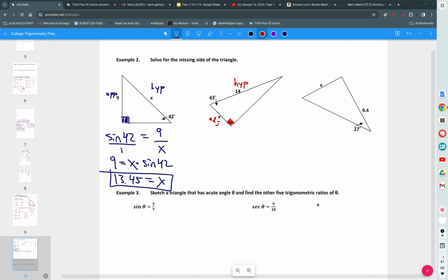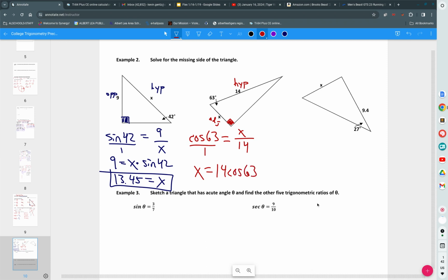Cosine. We use the cosine, namely that the cosine of 63 is equal to the adjacent, which is x, divided by the hypotenuse, which is 14. If I cross multiply, x times 1 is x, and then I get 14 times the cosine of 63.